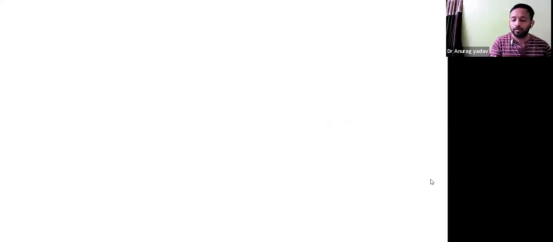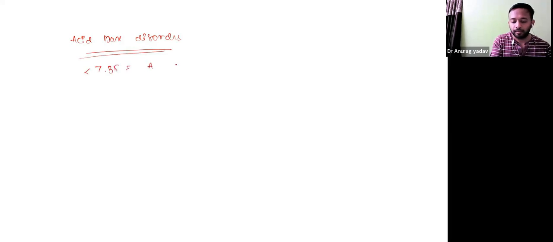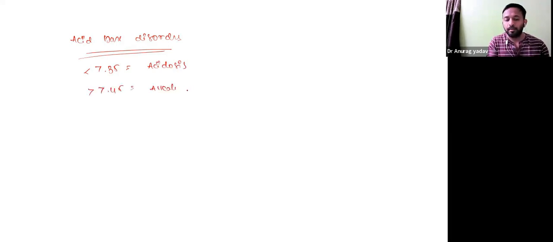Going ahead, we'll see about the various acid-base disorders. We have seen that if pH goes below 7.35, we say it is acidosis. If the pH goes above 7.45, we call it alkalosis. That means acid excess or base excess.